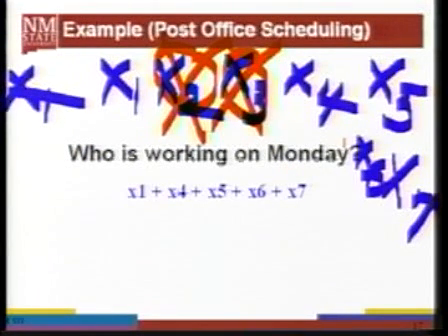So these are the total number of employees who are working on Monday, because each full-time employee must work 5 consecutive days and take off the following 2 days, right? And what else?